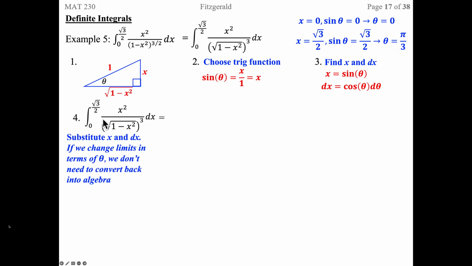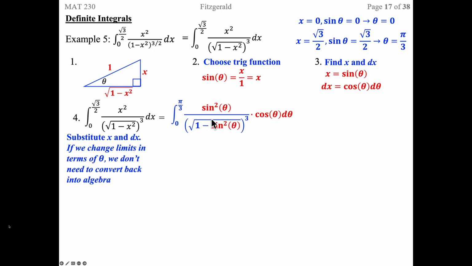So rewrite my integral from 0 to pi over 3. X squared is going to be sine squared theta, and dx is cosine theta d theta. Well, I can see right here I'm going to have 1 minus sine squared theta is going to be cosine squared theta.